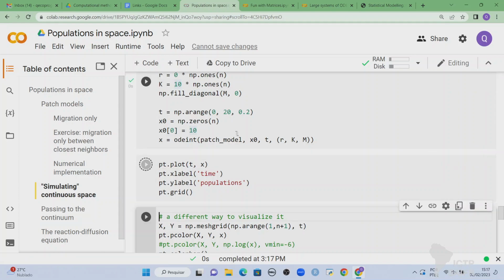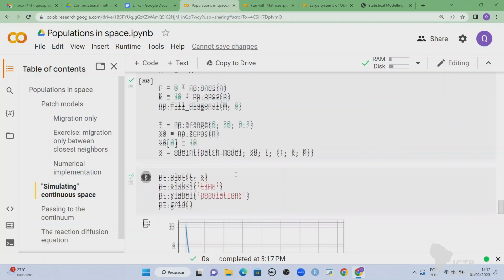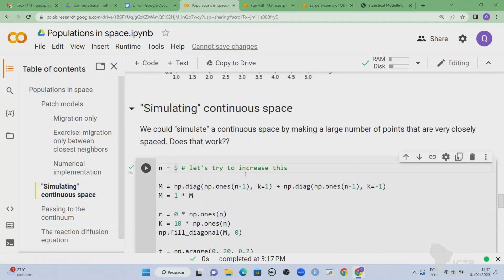So with 5 patches, and you see that after this time, 10 more or less, everyone has the same population, around 2, okay? But now I want to increase the number of patches. So instead of 5, I'm going to put, I don't know, 50 or maybe 100, okay? What happens if I put 50 here?